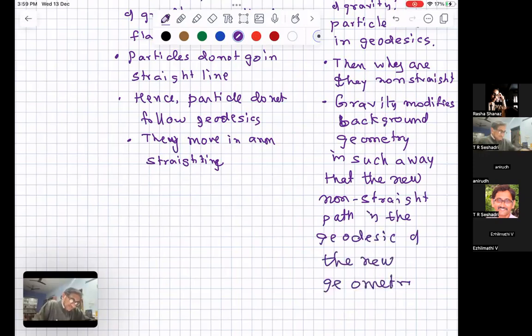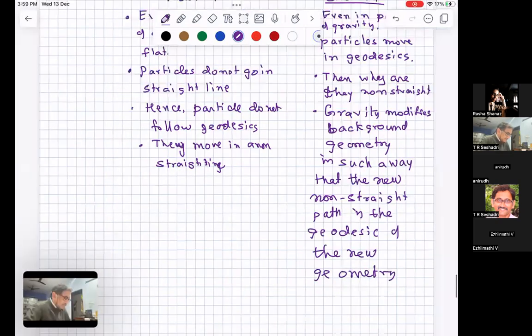Is this clear? This is the most important thing for GTR.